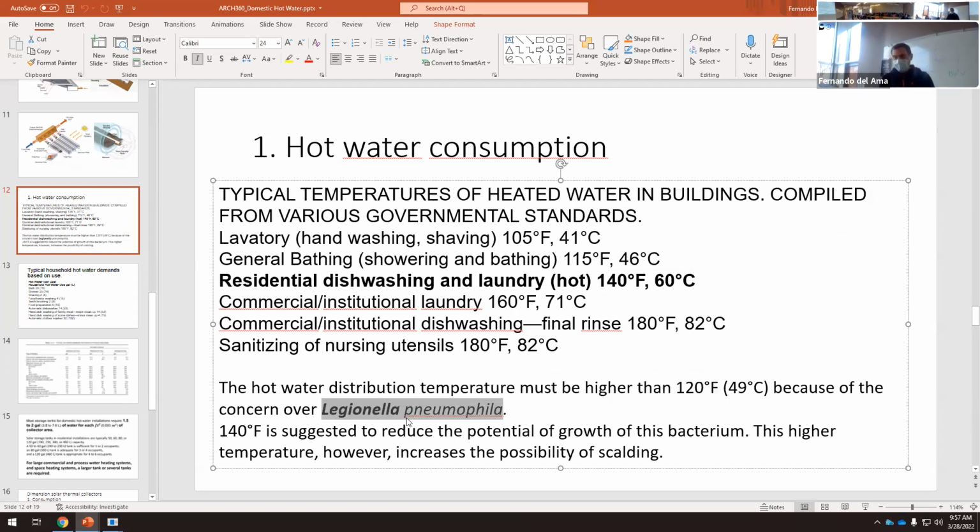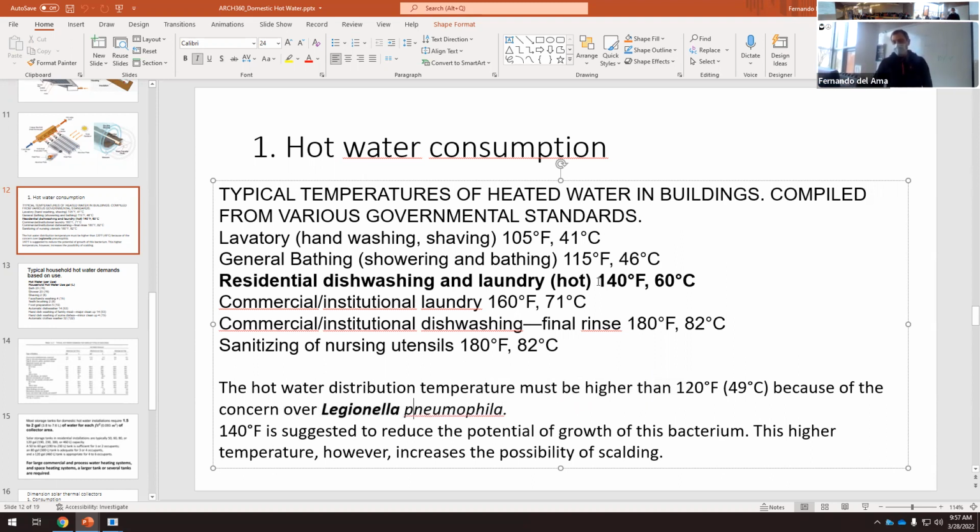This is a bacteria, and when we have water below 140 Fahrenheit, this bacteria can appear, and it is poisonous and generates a lot of illnesses.